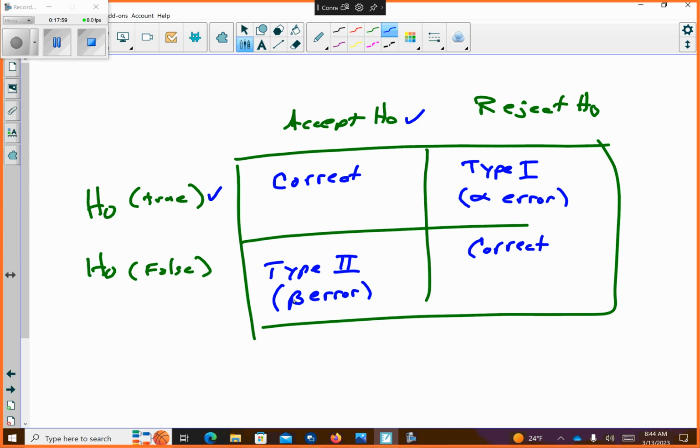Okay, so there's some strange errors that could take place. And again, think back in this kind of situation. You have somebody who is on trial. They are innocent. They did not commit the crime that they're being charged with.